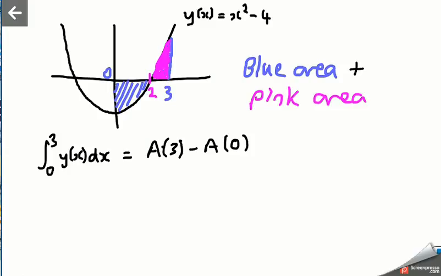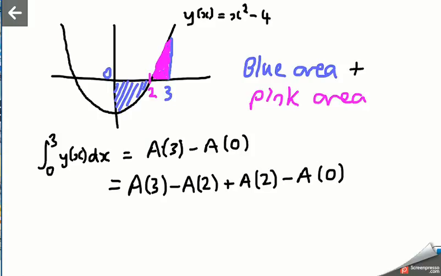I'm sure you're going to have no problem with me saying this is the same as a of 3 minus a of 2 plus a of 2 minus a of 0. It has to be the same because all I did was subtract a of 2 and add it back on again in the middle there. So I didn't change anything. Remember, a of 2 is just some number. And of course, a of 3 minus a of 2, well, that's going to give us the pink area.